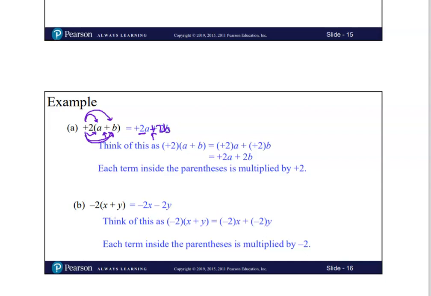Okay, so when we come down here, now our multiplier in the front is a negative in front of these terms. So we would do negative 2 times x, and that would get us negative 2x. Then we would do negative 2 times y, and that would be a minus 2y.